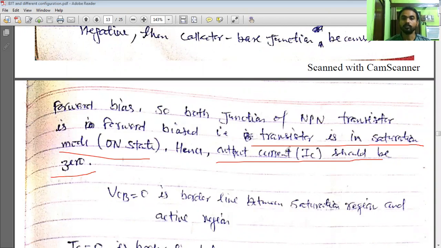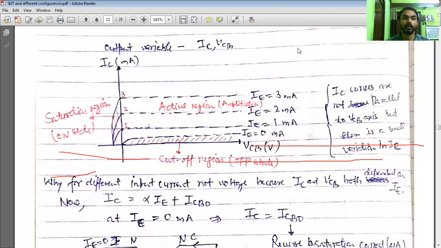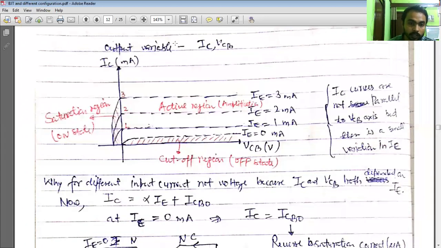Okay, very good. So again, we'll recall. Now I have moved to this region, reverse bias. So VCB is negative on this side. So the polarity of the VCB is changed. Now the collector base region, which was reverse bias, becomes forward bias, and hence the transistor goes into the saturation region.